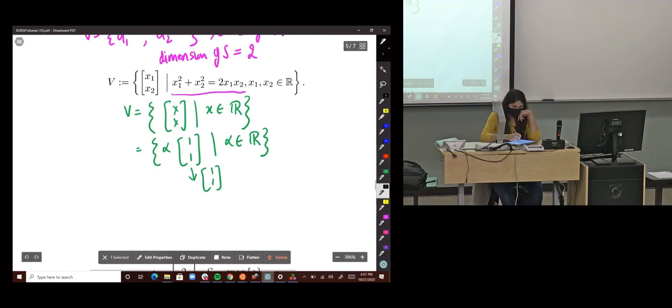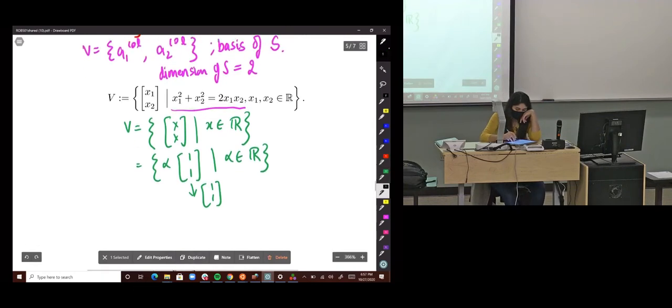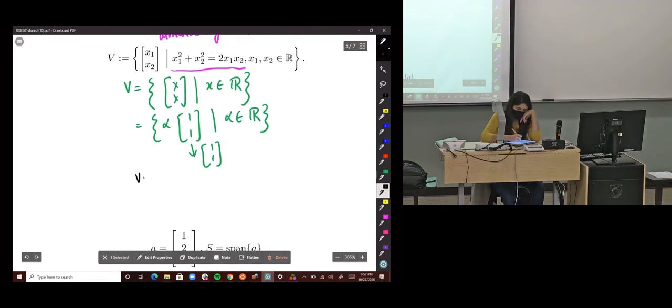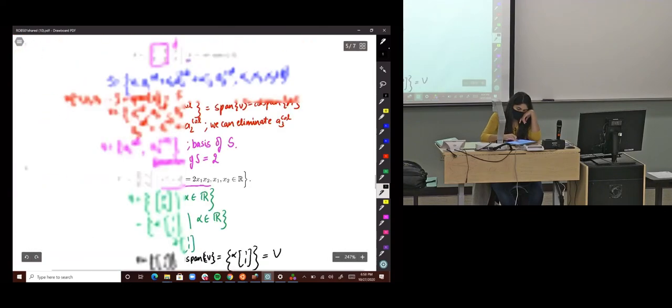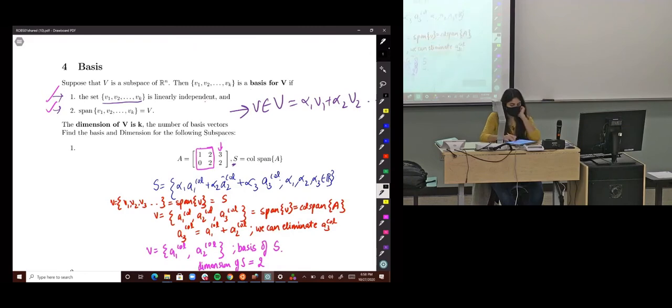And by that logic, if I take the set of vectors v to be just the set {(1, 1)}, then the span of v becomes {alpha times (1, 1)}, which is equal to V, and also there's only one vector in v which is linearly independent. So we satisfy both properties that we need to be a basis.